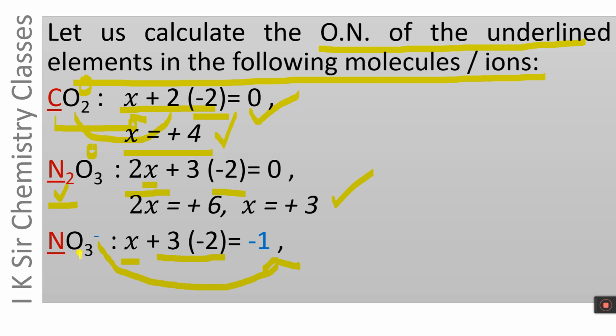But in the third case, the sum of oxidation numbers of all the atoms will be equal to charge, that is -1. On solving it, we get x equals to +5. It means the oxidation number of nitrogen in nitrate ion is equal to +5.